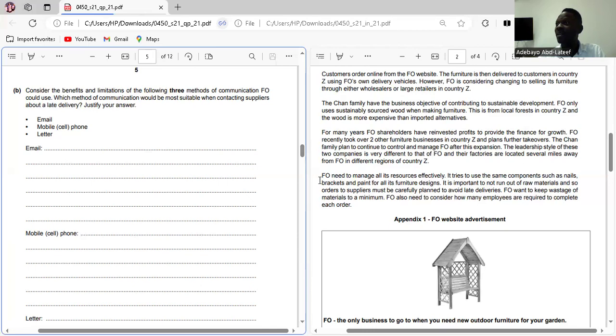For letter writing, the receiver will sign that it was received, and you have the duplicate. You sent it maybe through mail or post, and the postman would make sure that it's been signed. So it shows that it has been received, and for it to be received, it means it has to be acted upon.